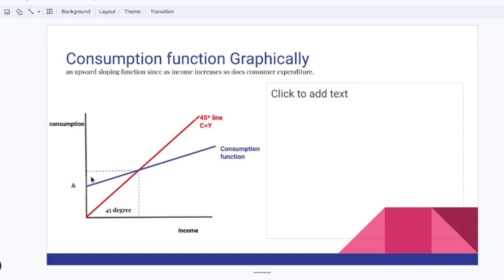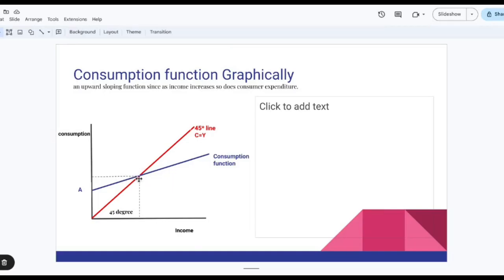Now, normally we have a 45-degree line, which is why the consumption function is regarded as a linear function. This line is where consumption is equal to the level of income. So it's balanced right here. It's in equilibrium.